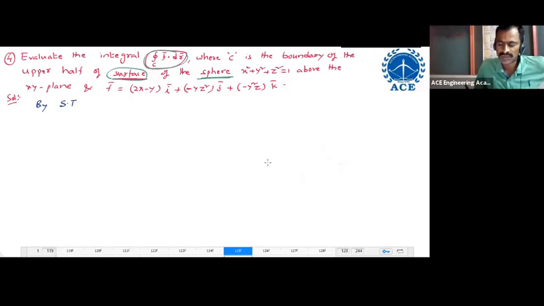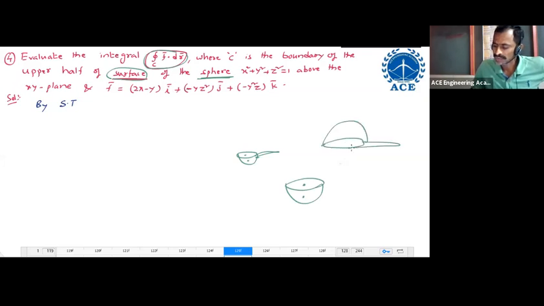Open two-sided surface means like this. A spoon is an open surface object. This is the inner surface, this is the outer surface. Bowl, inner surface, outer surface. Cap, inner surface, outer surface.